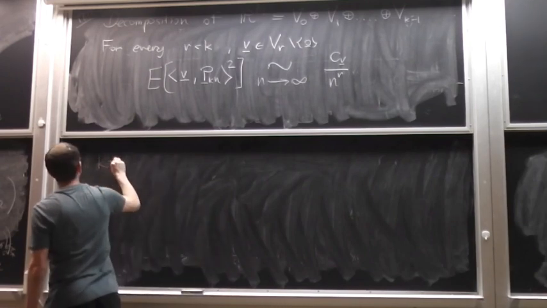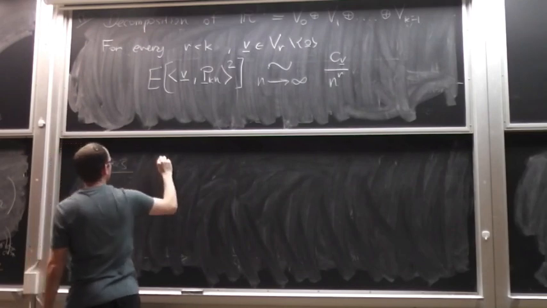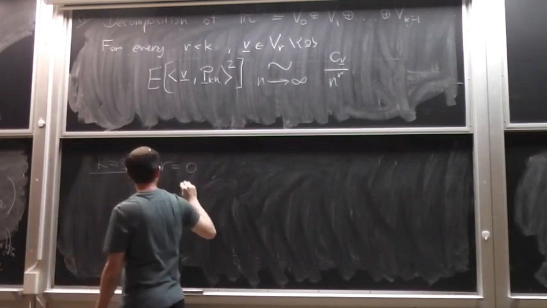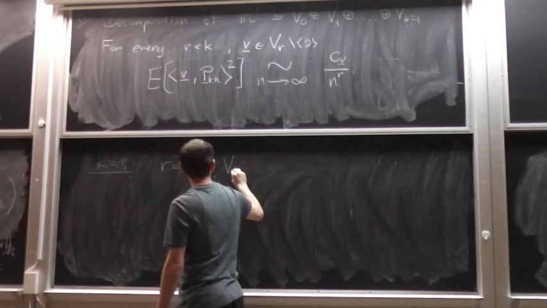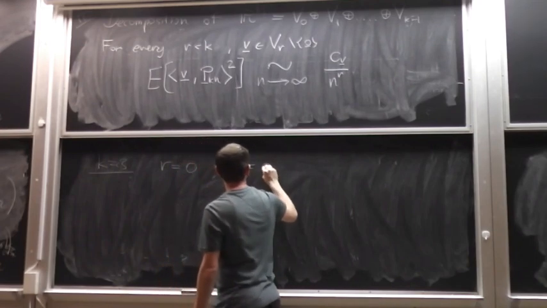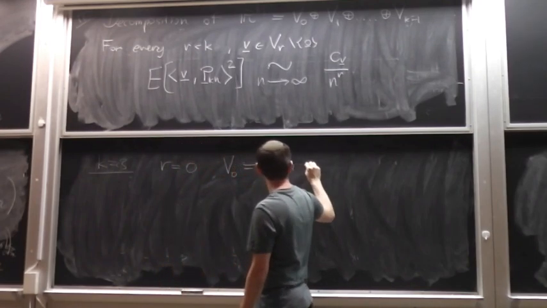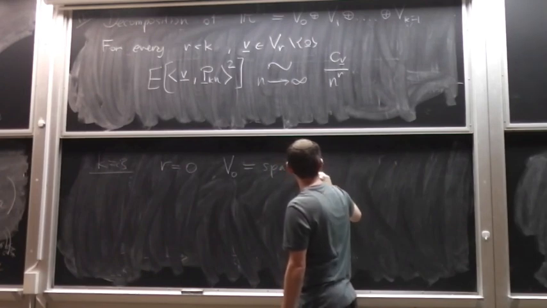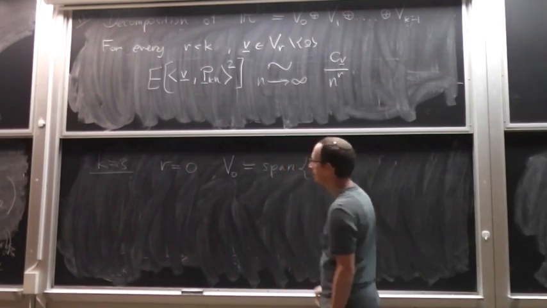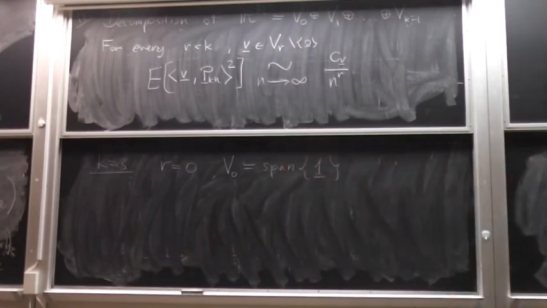If k is equal to 3, then we have r equals 0, and then v0 turns out to be the span of the all one vector. And this is always the case for v0.